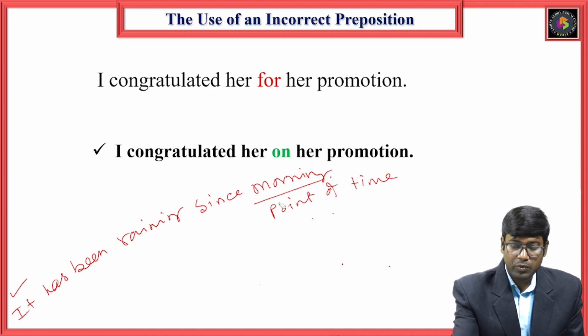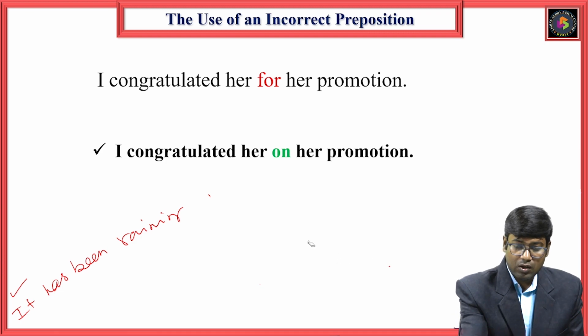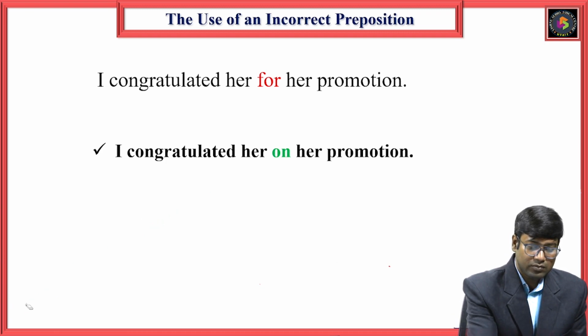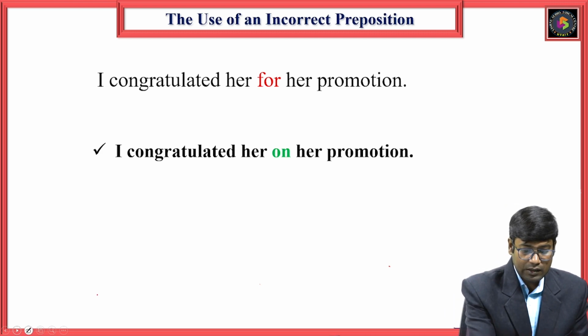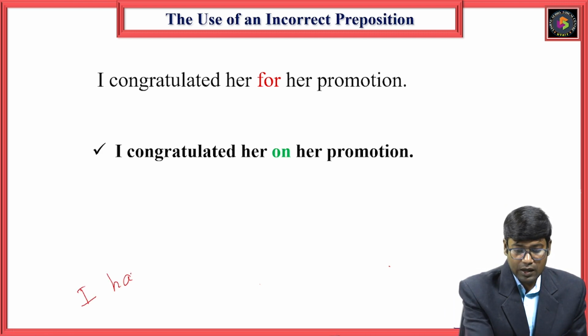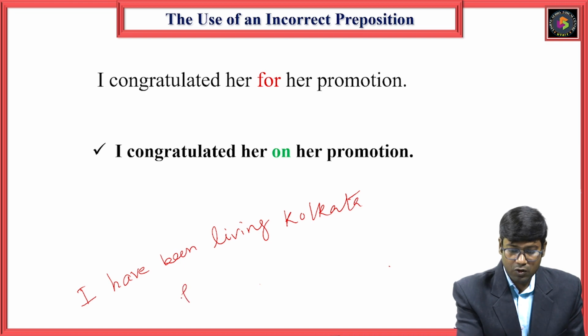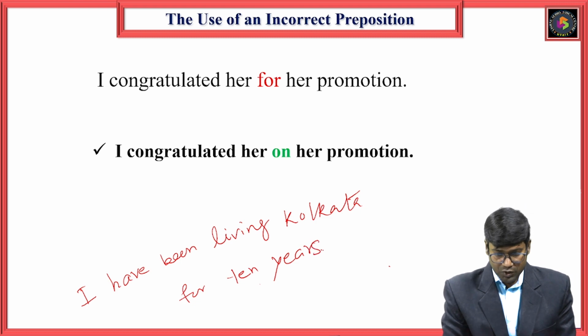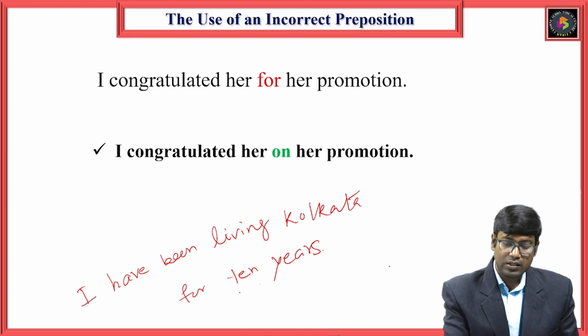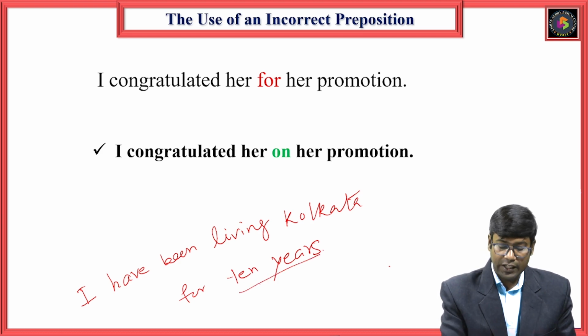Now I will give another example of the same, because students often make mistakes in this tense. If I write I have been living in Kolkata for 10 years, this is the same type of sentence, where 10 years is the period of time.